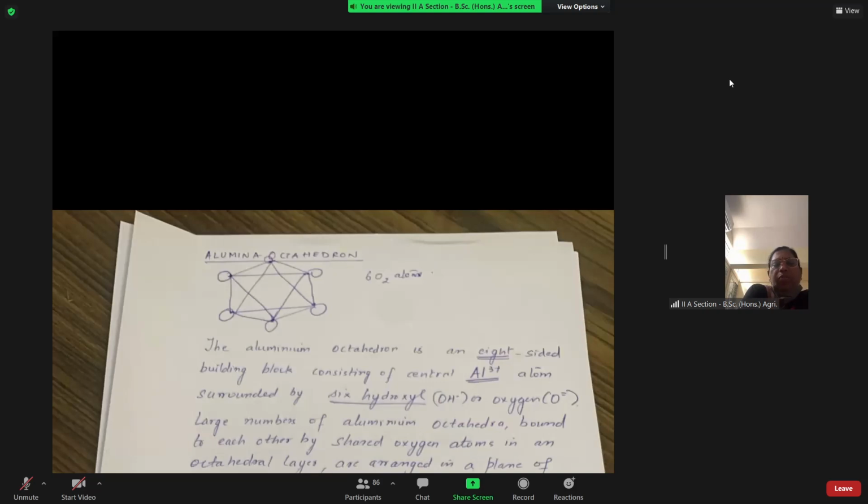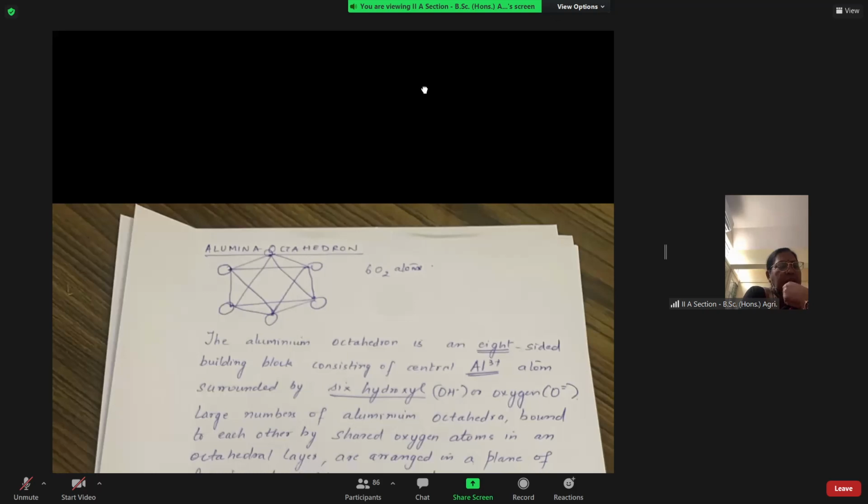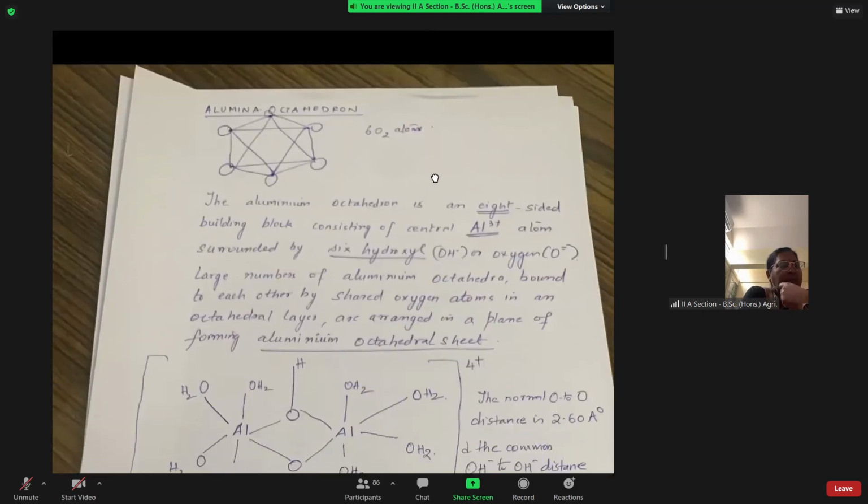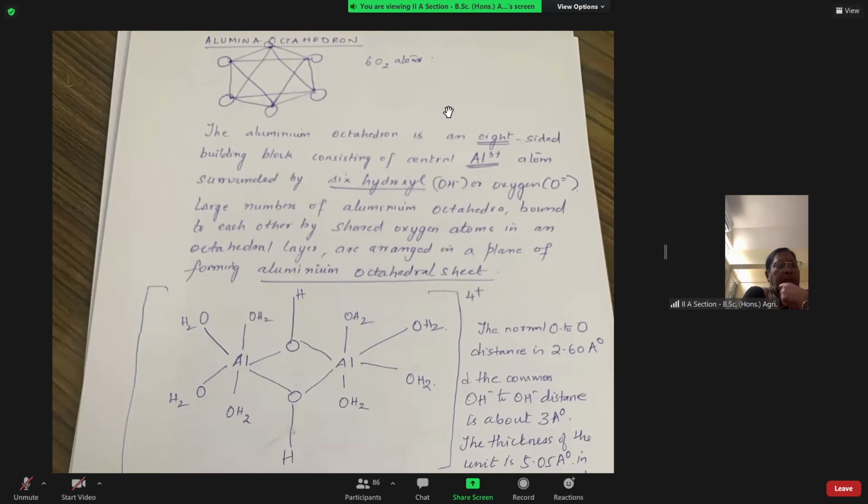You can see, I have written aluminum in the center, aluminum ions or atoms surrounded by 6 hydroxyl or oxygen atoms. A large number of aluminum octahedra are bound to each other by sharing the oxygen atoms in an octahedral layer. They are arranged in a plane forming the aluminum octahedral sheet.